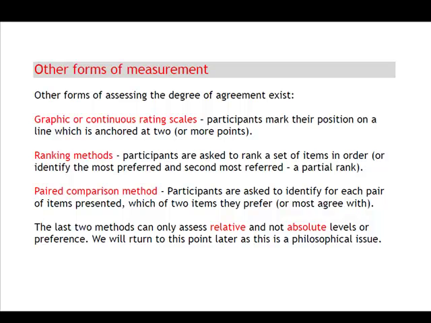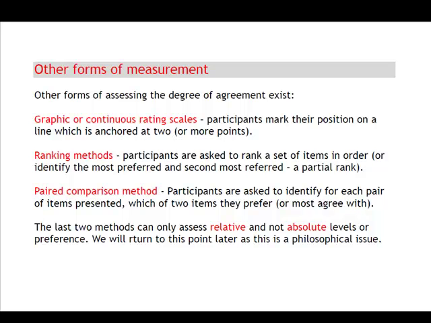Of course, survey respondents don't like to be shoehorned into such measures, and so they will often try to subvert the intention of the researcher by doing strange things, such as giving the same item as the most preferred and then the next most preferred. That will mean something to the person filling in the questionnaire, but it's hard to gauge what that person meant when you come to analyse it.